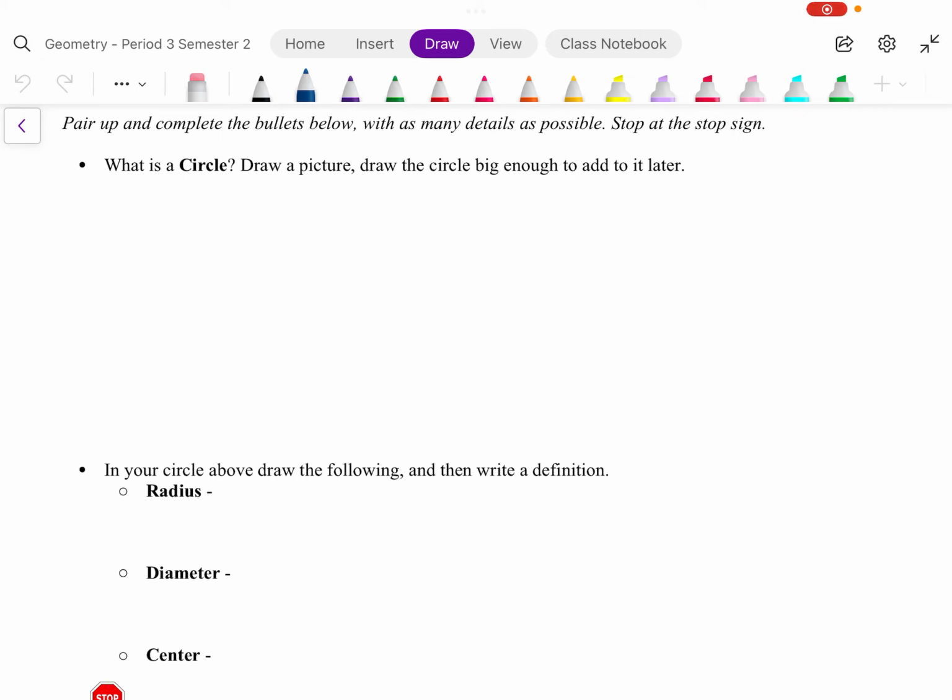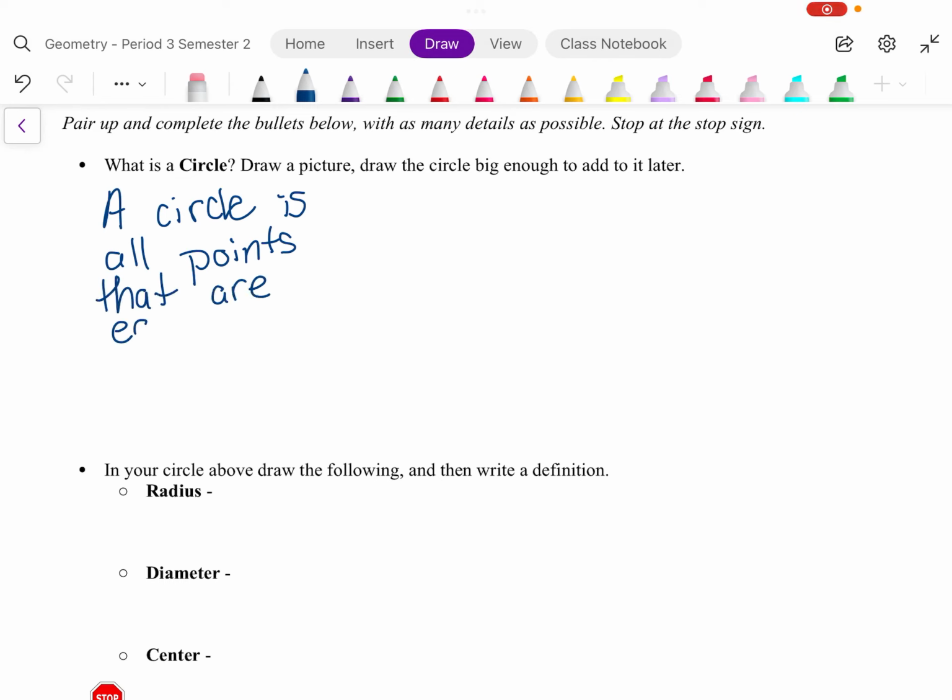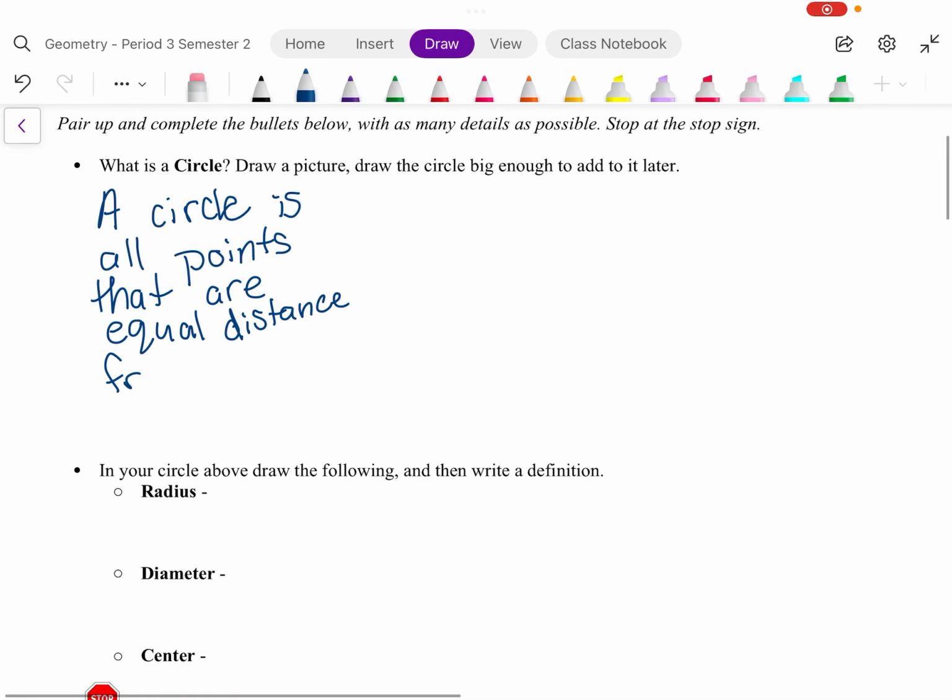So the first part is, what is a circle? A circle is all of the points that are equal distance from a center.